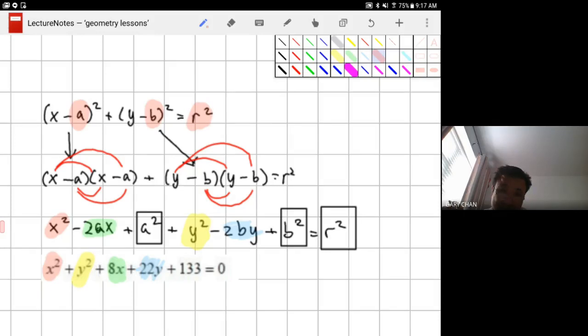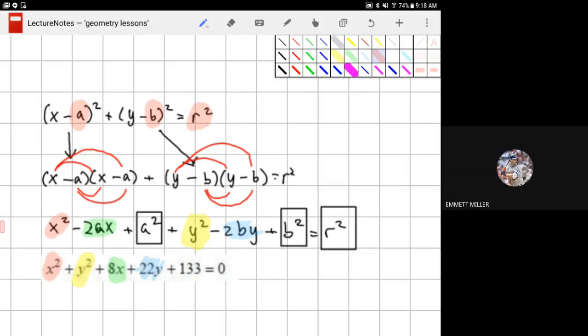Because they're just numbers, when we combine like terms, is it possible to combine the a squared, b squared, and r squared there? Is it possible to combine all three of those things together to form one number? It is, right?